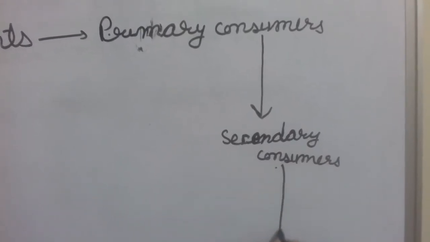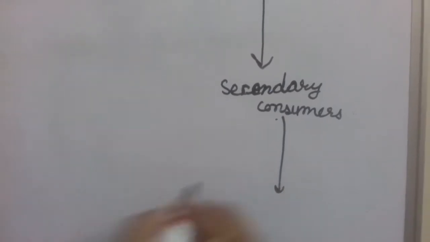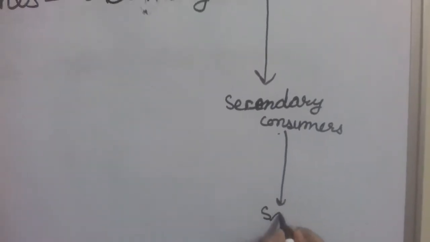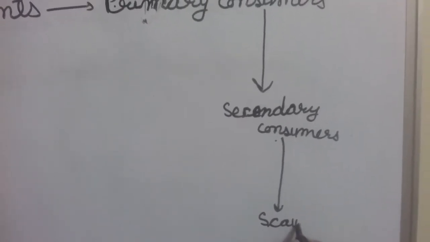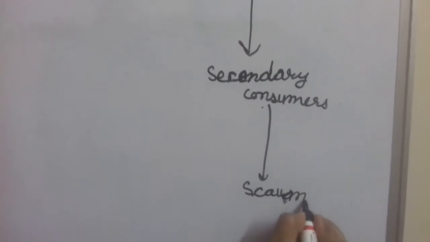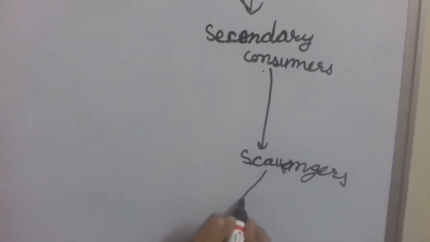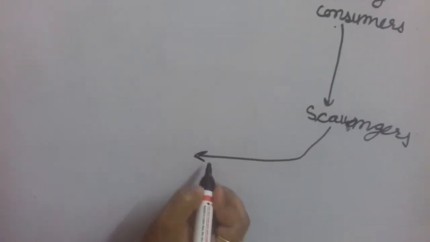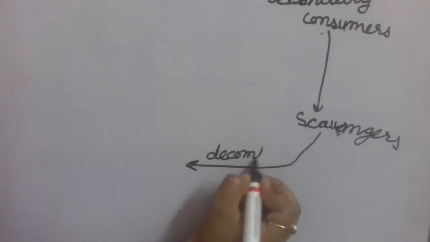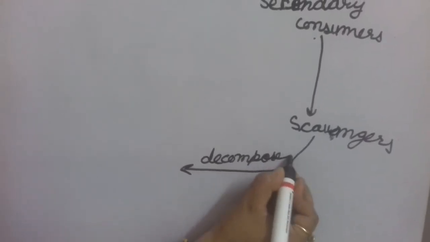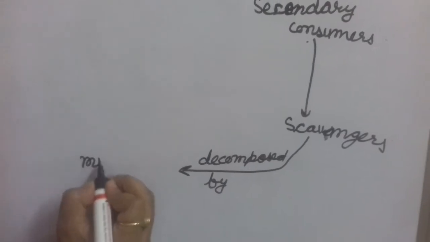And after the death of secondary consumers, these are consumed by scavengers, and the remains of the dead plants get decomposed by microorganisms.